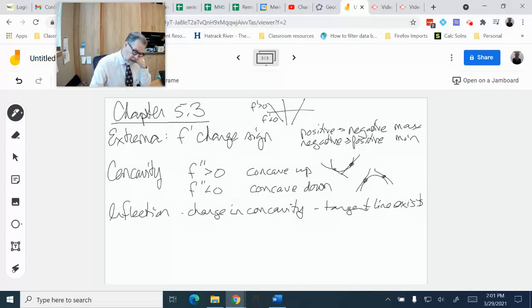Doesn't work otherwise. You have to have concave down, tangent line, concave up, because otherwise you could have a situation where you went concave down, concave up, and notice that the derivative doesn't exist there because you've got a corner. So this is an inflection point, this is not an inflection point.